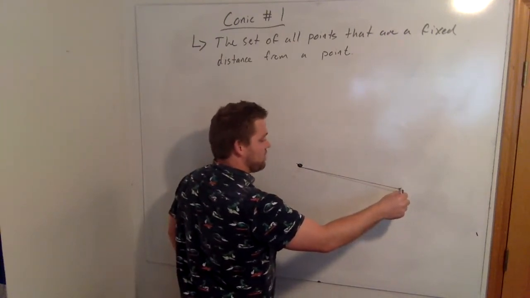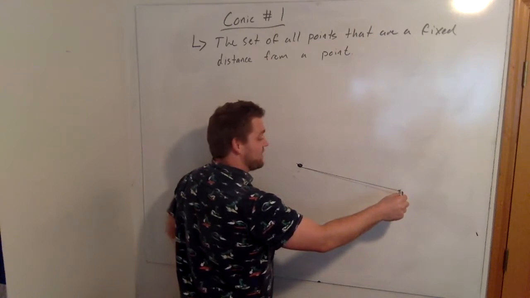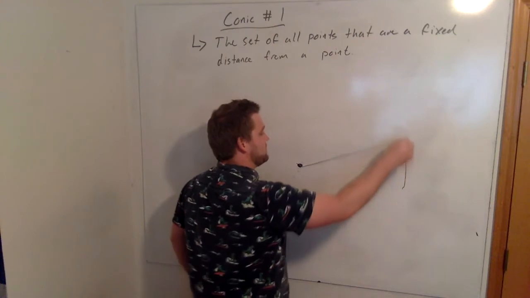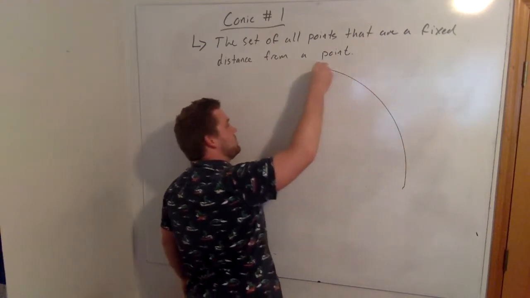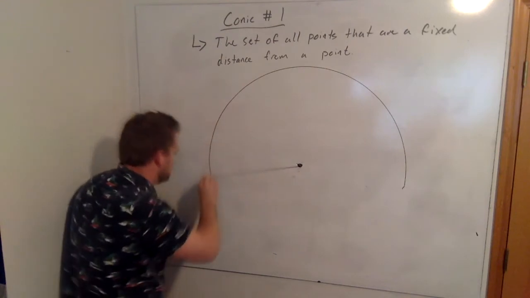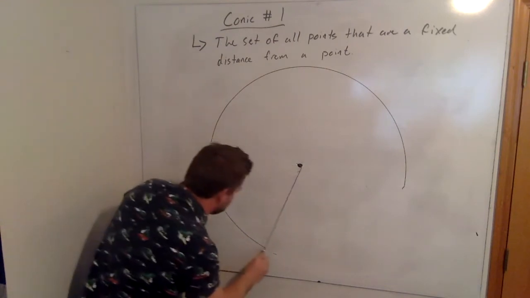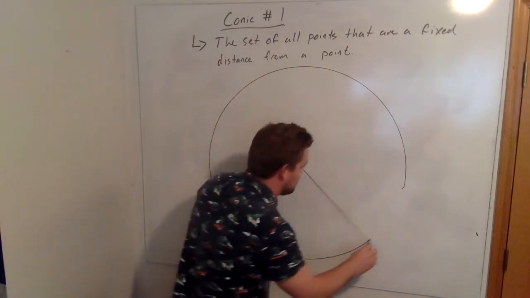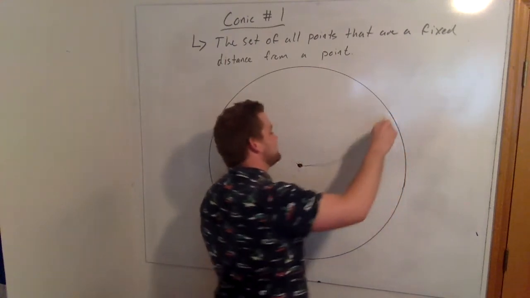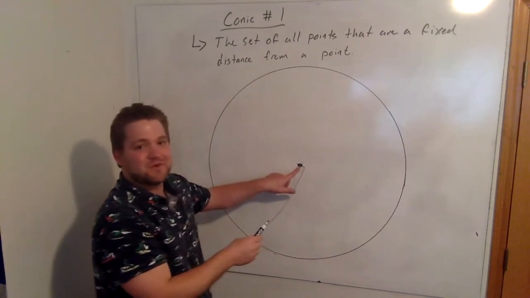So let's go ahead and draw the entire set of points that are a fixed distance from the center. So all of these points here. Here we go. Here are the set of all points that are a fixed distance from this center here.